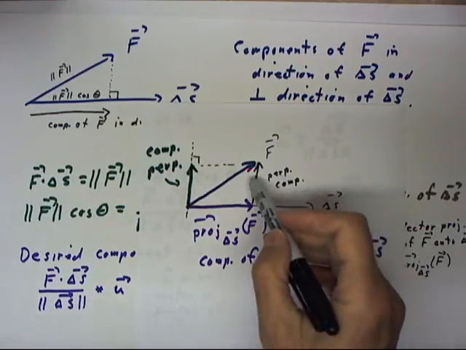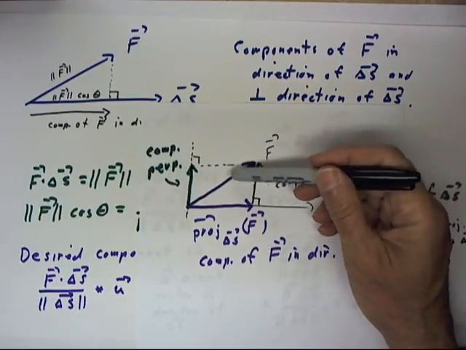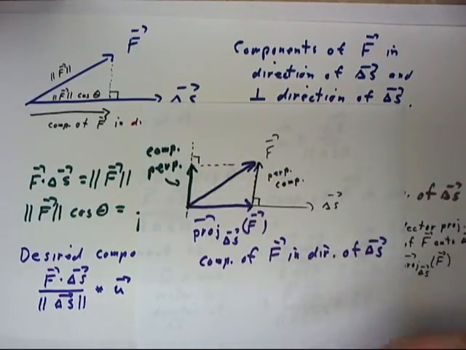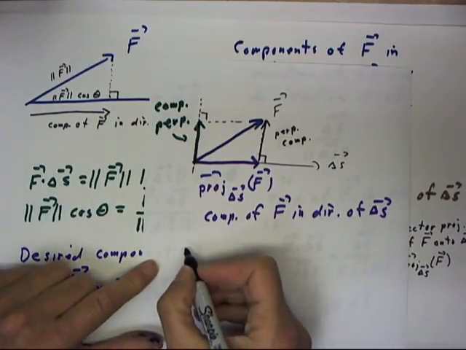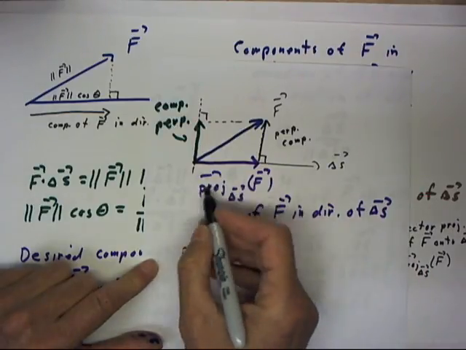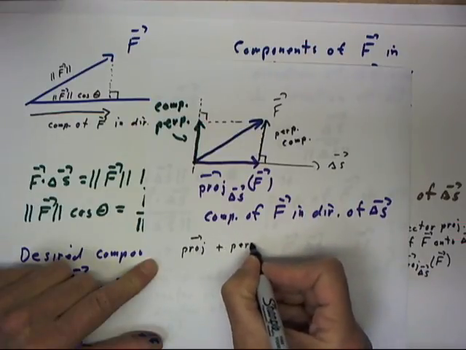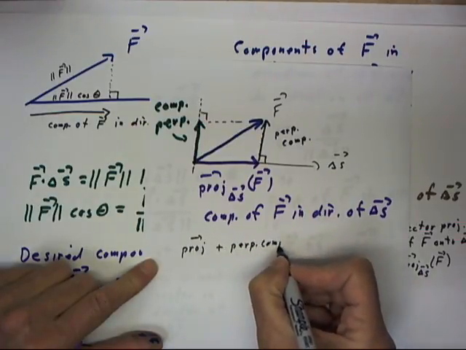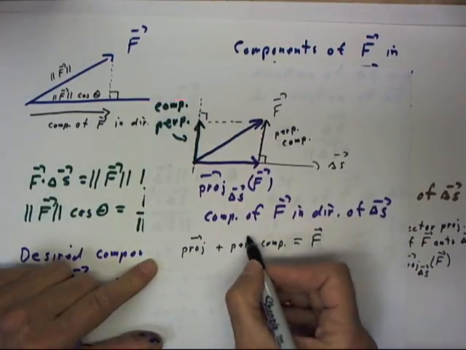And let's see how that perpendicular component is related to the vectors that we have, namely f and the projection of f onto the direction of delta s. We see very clearly that the projection, and I'm just going to abbreviate this, the projection plus the perpendicular component is equal to f.